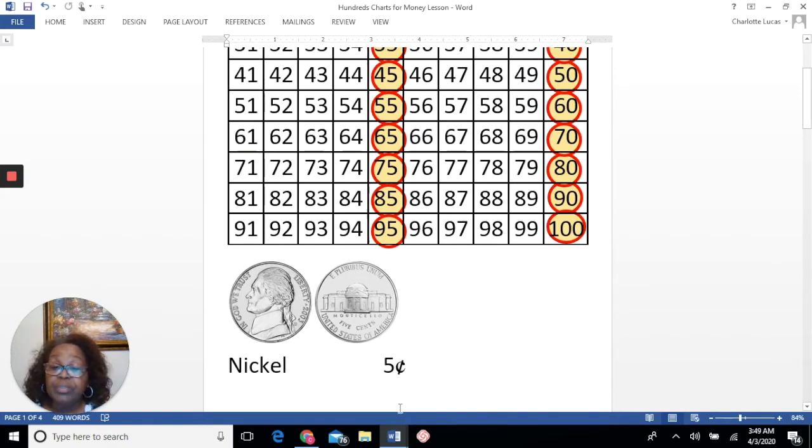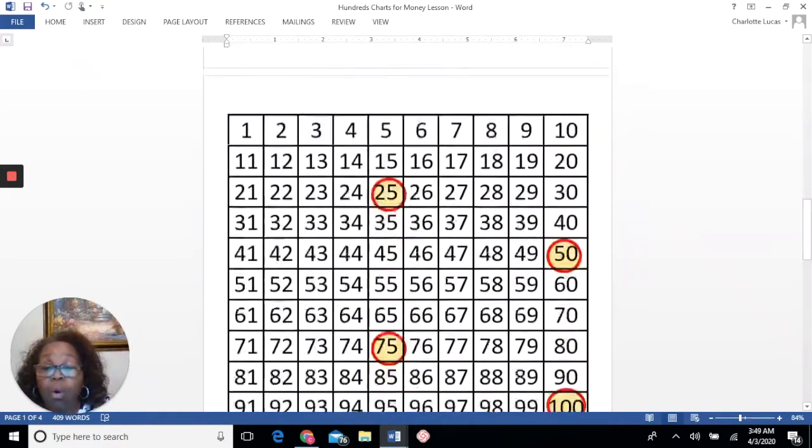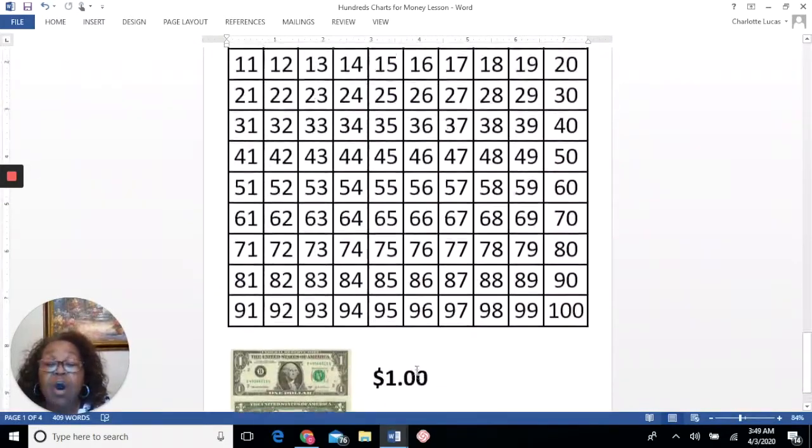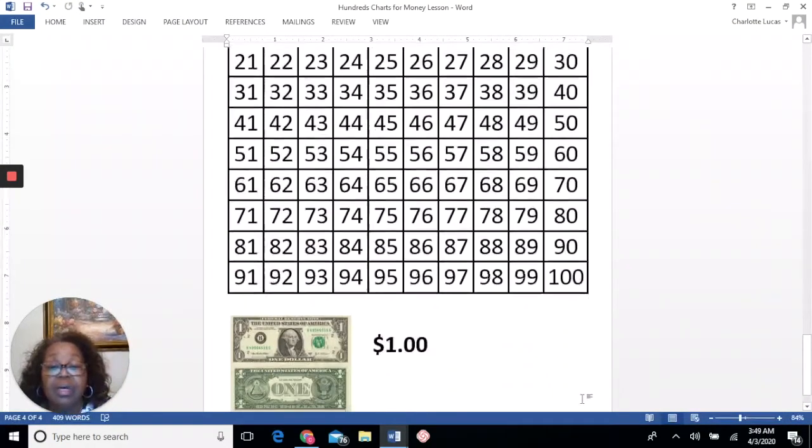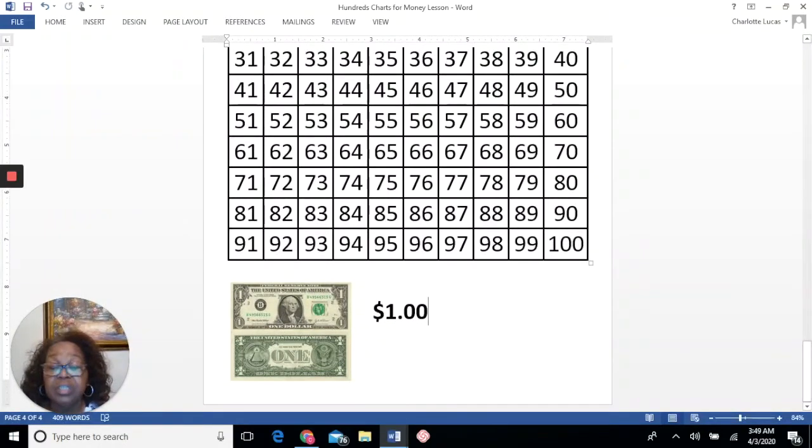So when you're representing money, you can use a cent sign if it's less than $1, or if you have a whole dollar, if you have 100 cents, then you can use a dollar sign because 100 cents is $1. Dollar sign, the value of your money, and then a decimal point. And when you have a decimal point, you say and.